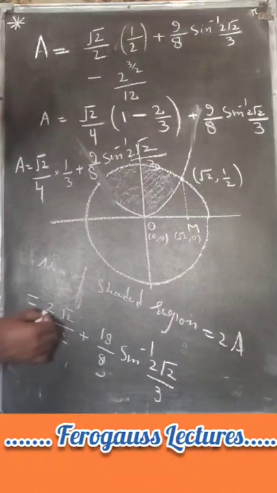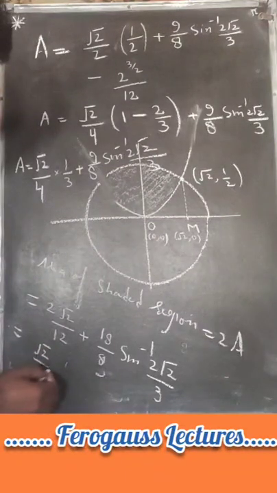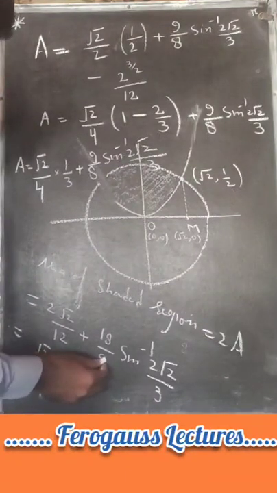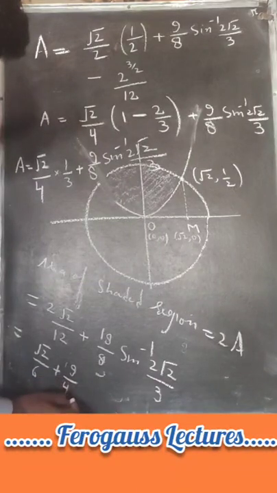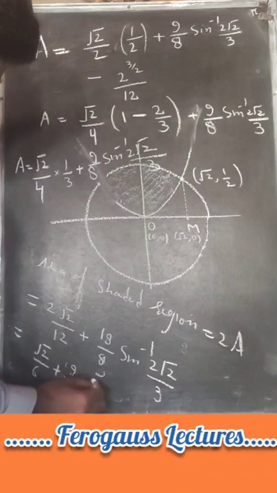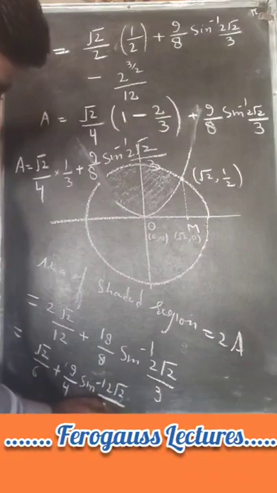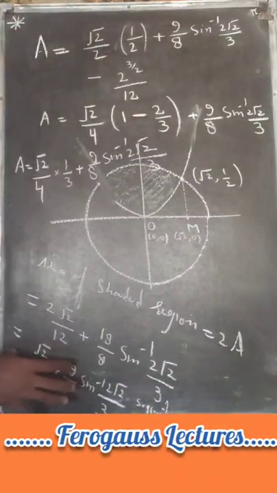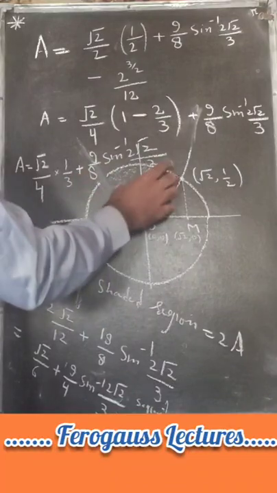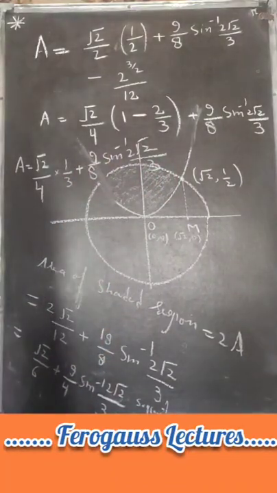Or 2 ones are 2, 6s are root 2 divided by 6, plus 2 4s are 9 by 4 sine inverse 2 root 2 divided by 3, in square units. So this is the area of this shaded region, that is the area of this plus the area of this. And that completes the question.